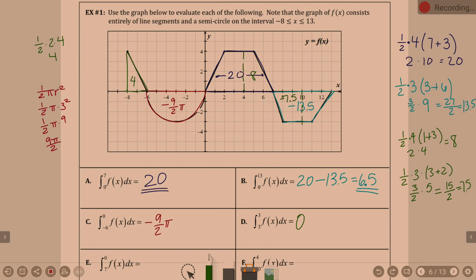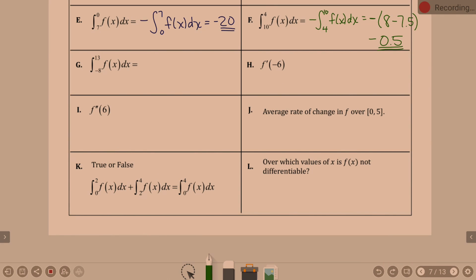What are we doing with 9/2 pi? Subtracting 9/2 pi. And then if I'm just looking at my picture here, adding 20. We can add 20 and then subtract 13.5. Or we'd already done 20 minus 13.5 and got 6.5. So however you want to do this.